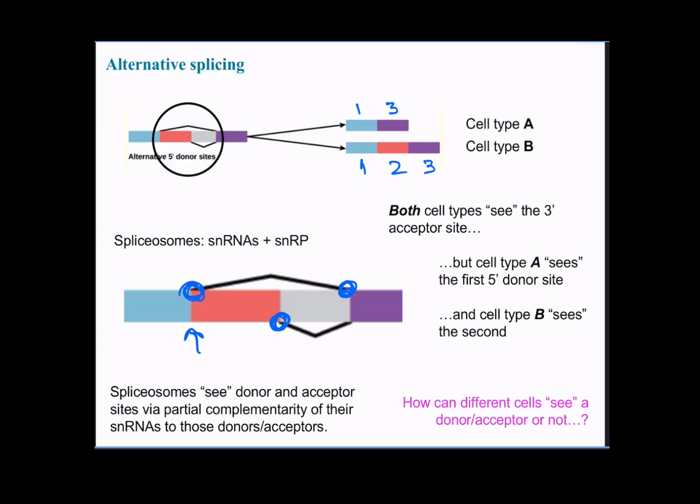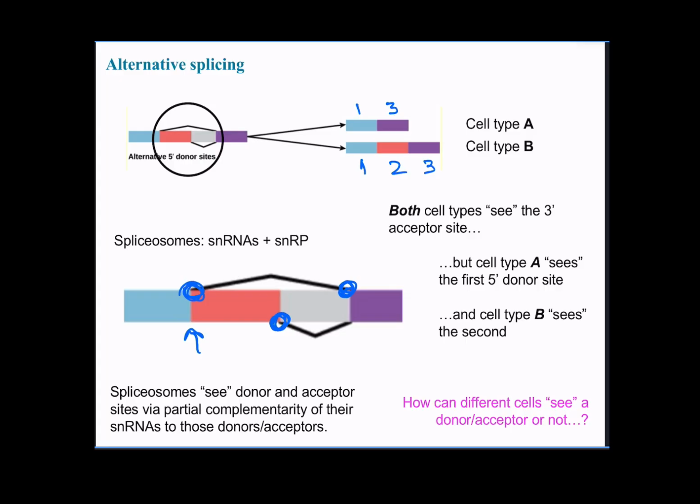Spliceosomes are big machines with different parts to them, and there are parts of a spliceosome that are in charge of finding donor sites, and parts in charge of finding acceptor sites. And when the spliceosome feels that it found both, that's when the actual cutting and pasting reaction takes place.